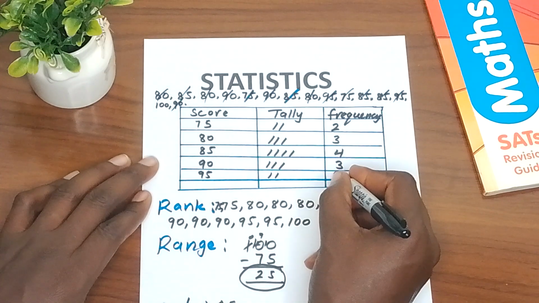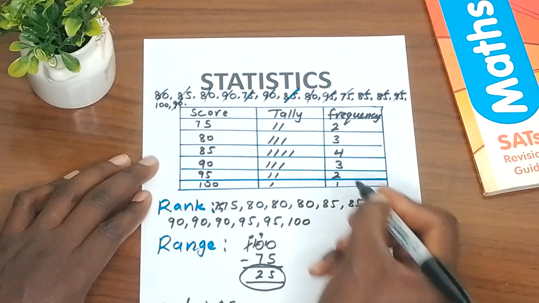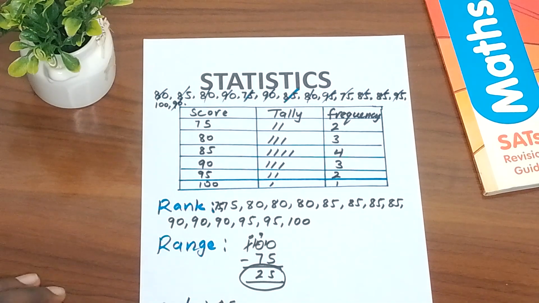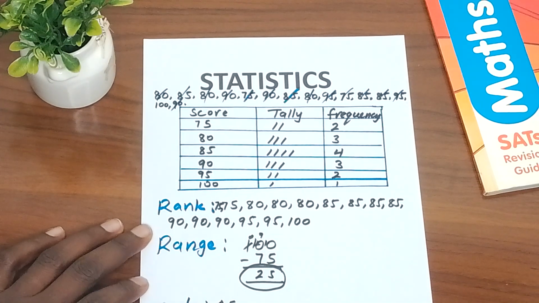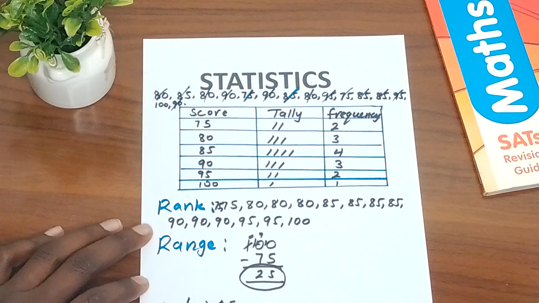We had 2. And then 100, we had 1. So that is our frequency table. Sometimes you can include the totals of the frequency. Now let's look at the mean.